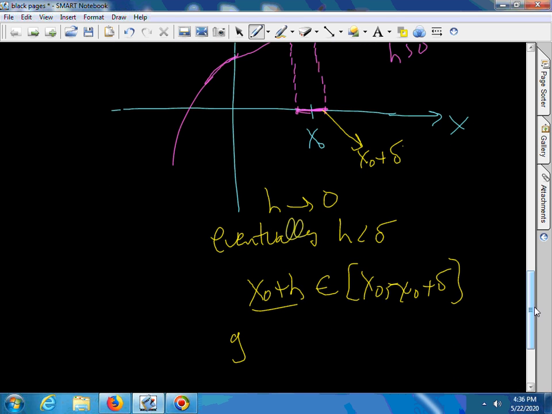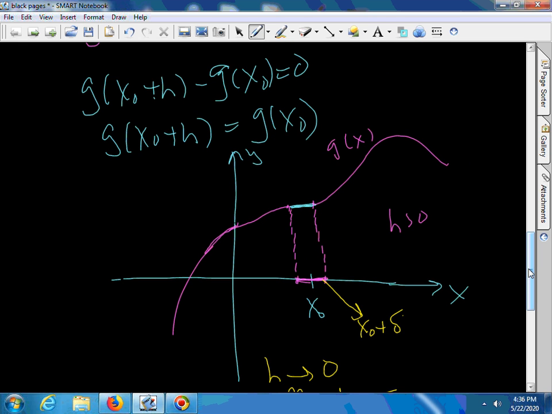Okay, so now when you find g of x0 plus h, it will equal g of x0. Because right here is the value of g of x0.